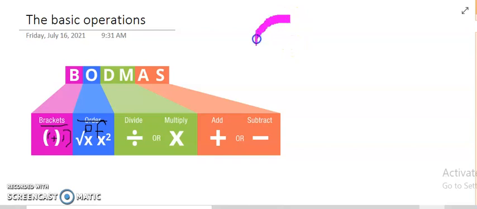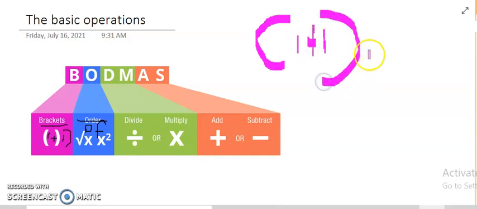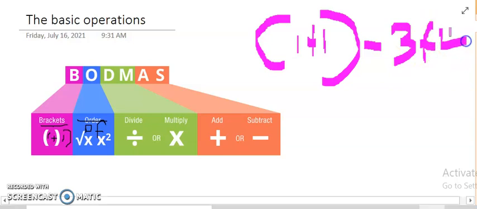Really thick bracket. Then we have 1 plus 1 close bracket, minus 3 plus 4.